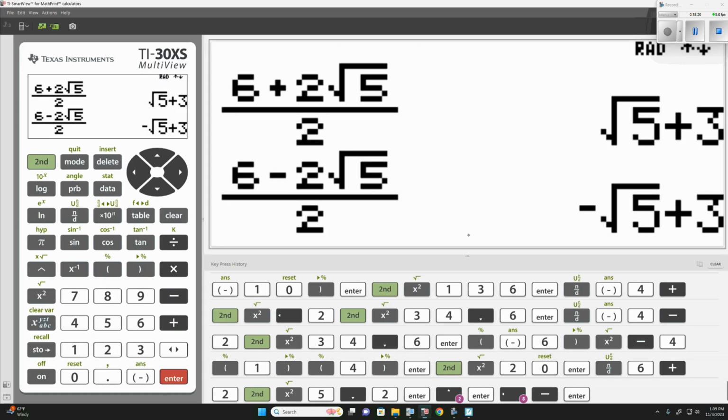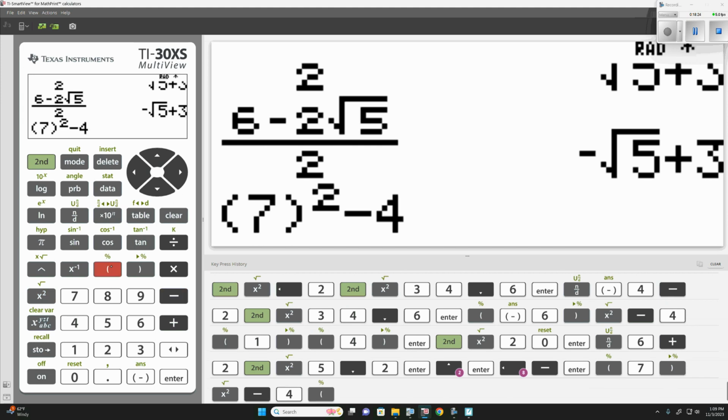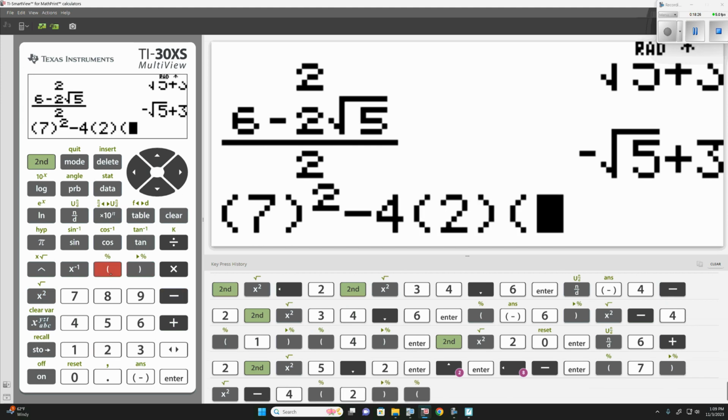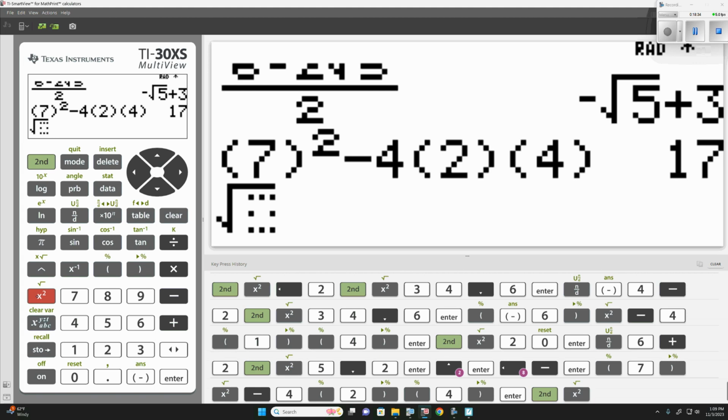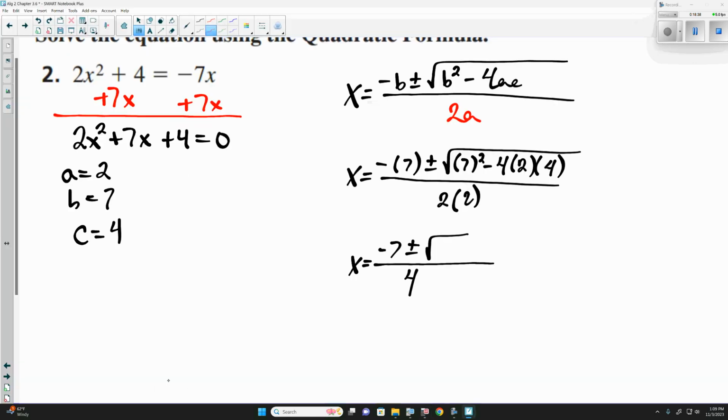Now, we need to plug it in. 7 squared minus 4 times 2 times, what's it, 4? Yeah, 4, which gives us, and if we take the square root of 17, we get just 17. So that's it.